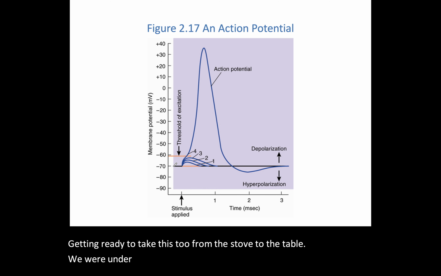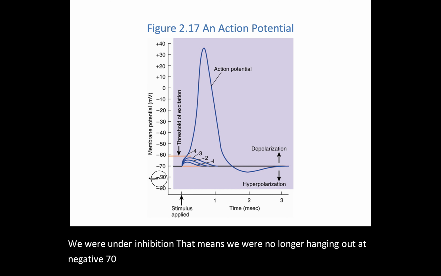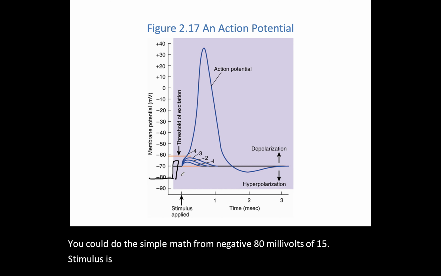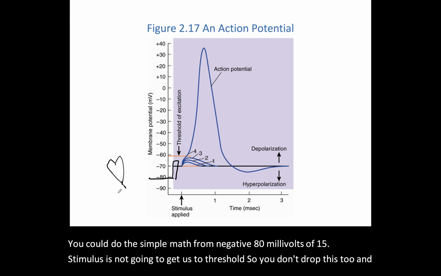That means we were no longer hanging out at negative 70 millivolts. We may have been down at negative 80 millivolts. Now, you could do the simple math. From negative 80 millivolts, a 15 millivolt stimulus is not going to get us to threshold. So you don't drop the stew, and your date works out, and everything is good.